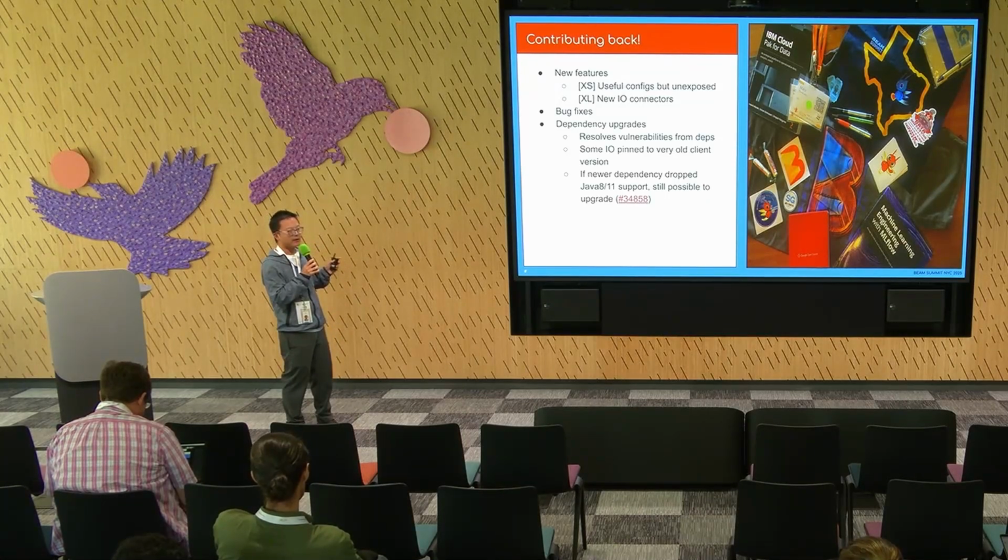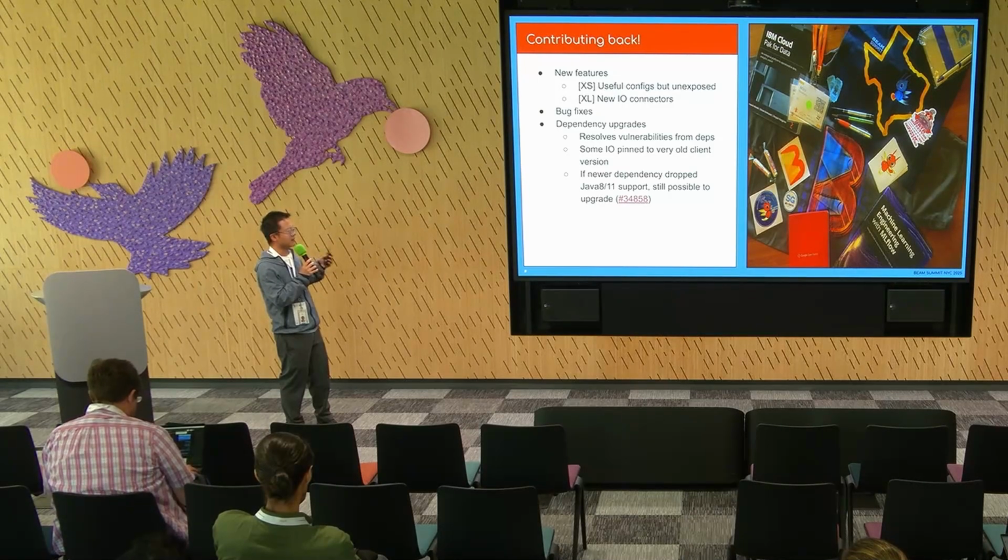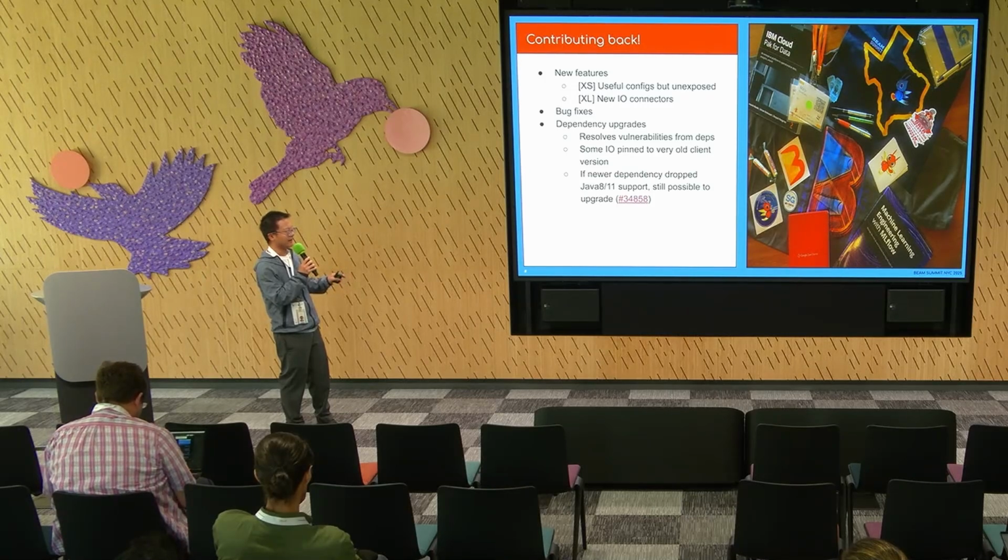But for example, the more recent versions of Apache Iceberg have already dropped Java 8 support for the Iceberg IO, but it's still possible for certain Beam components to build on top of a newer Java version instead of getting blocked by Java 8.